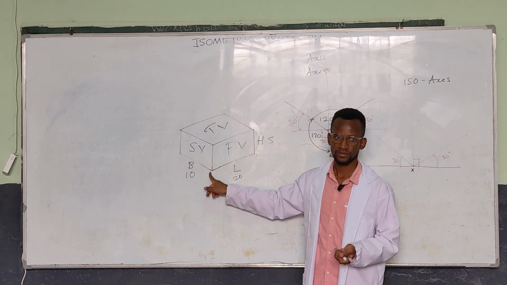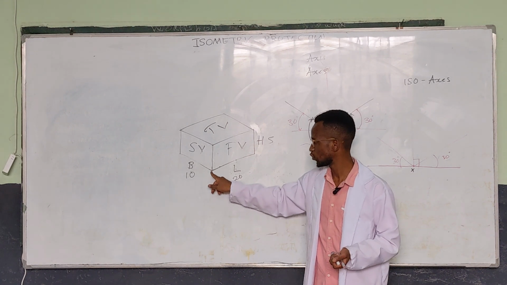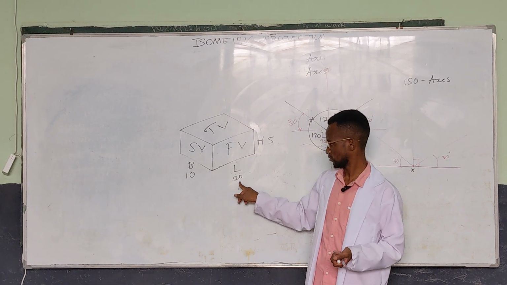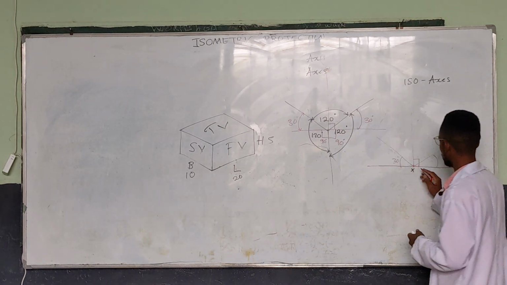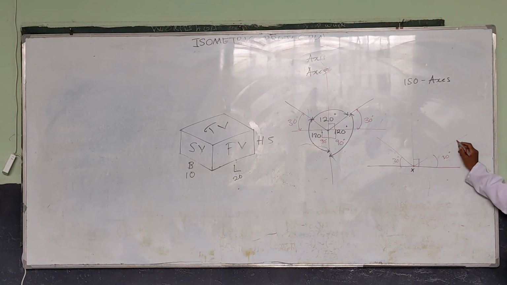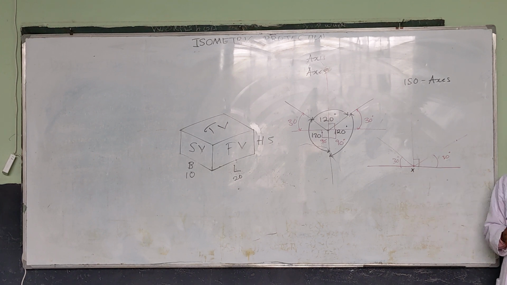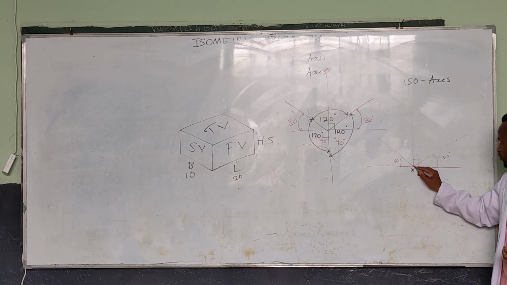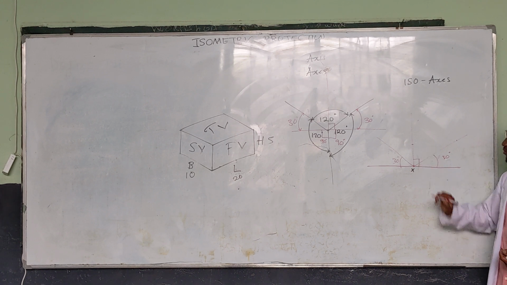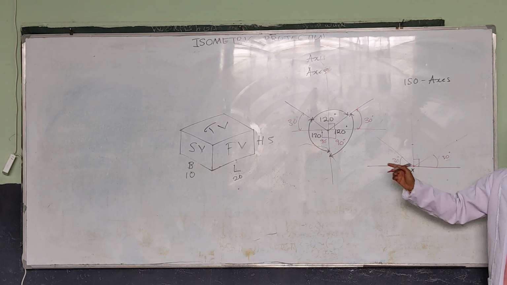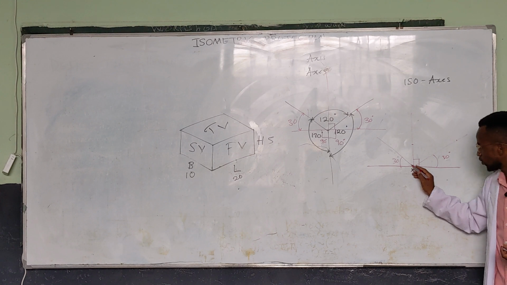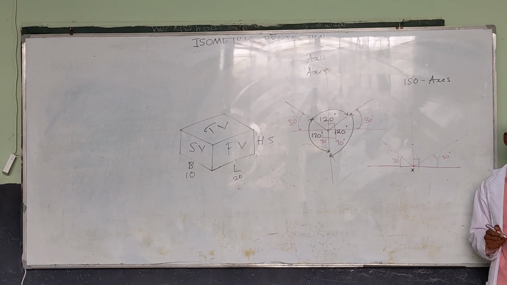Listen. So from the lowest point you measure, what is the length? 20. So you come here, lowest point, you measure 20, right? What is the height there? 5. So from the lowest point, you measure 5. What is the width? 10. From the lowest point, you measure 10.